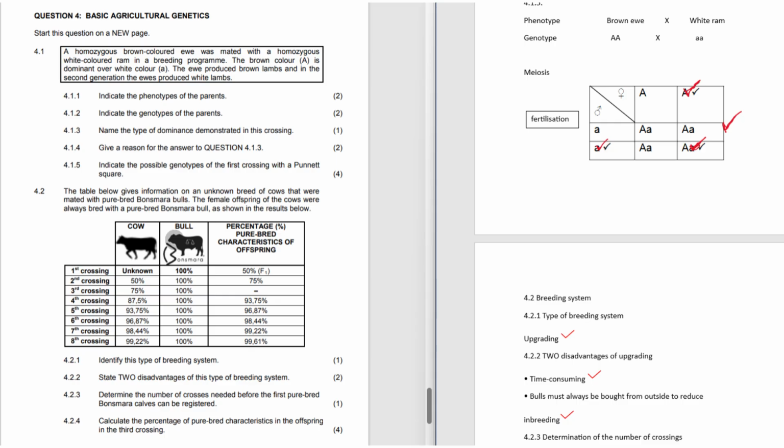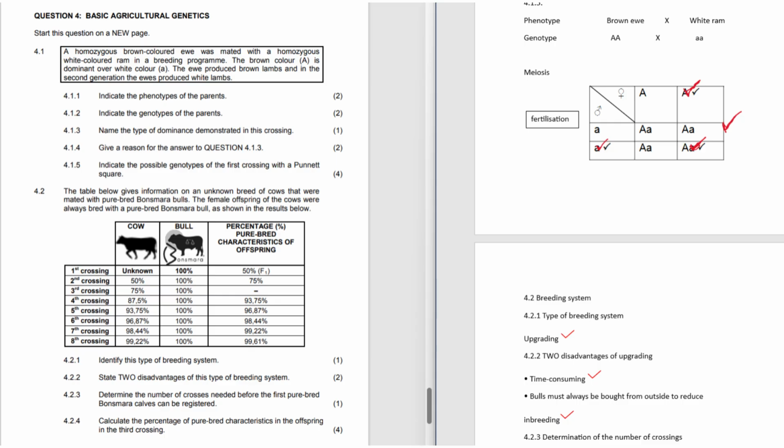4.2.2 is the 2 disadvantages of this type of breeding system. The disadvantage of this breeding system is that we have to breed many times, which is time consuming. For example, here we had crossing 1, 2, 3, 4, 5, 6, 7, 8 until we get the desired trait.